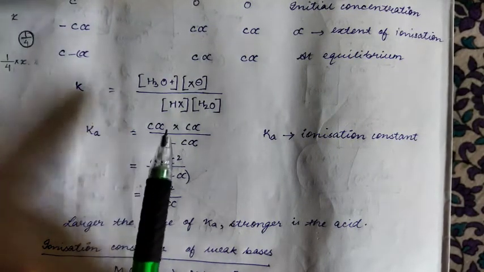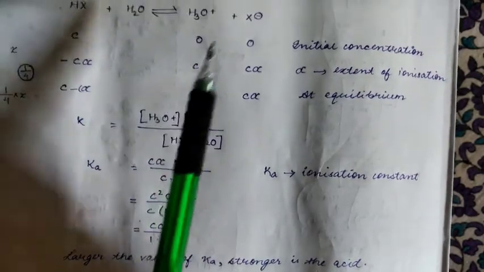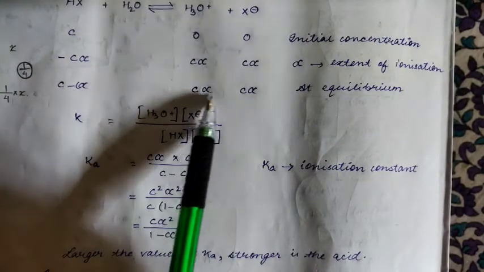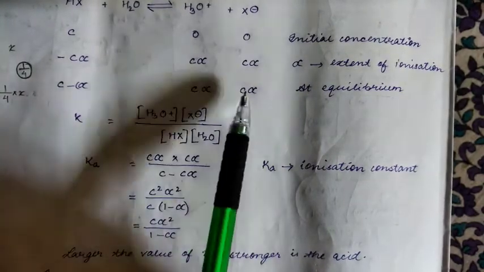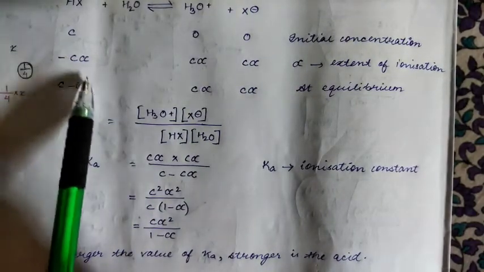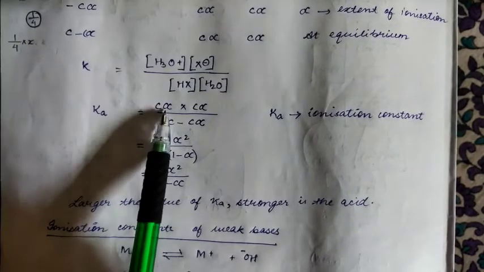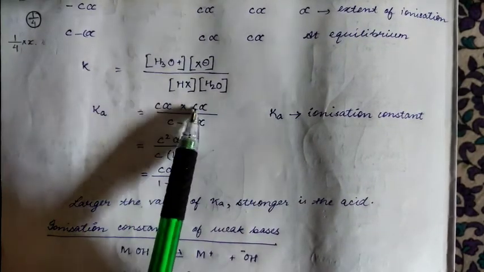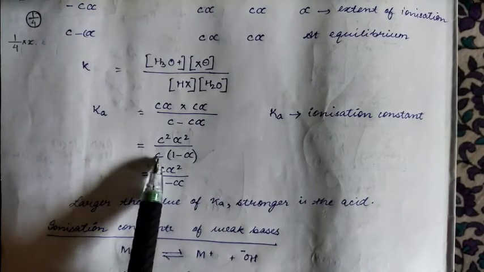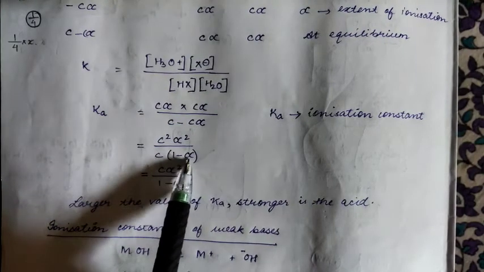Now we have the concentrations of the particular ions. Hydronium ion concentration is C alpha. For this also it's C alpha, and for the reactant it is C minus C alpha. Now if you multiply, you will get C square alpha square divided by, take C common from here, what is left? 1 minus alpha.